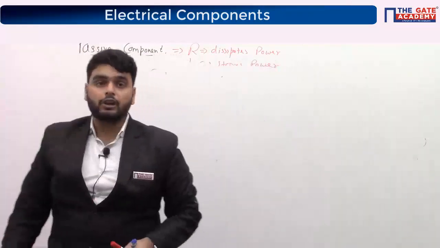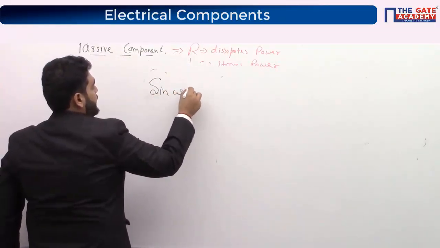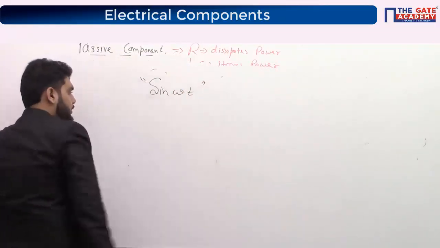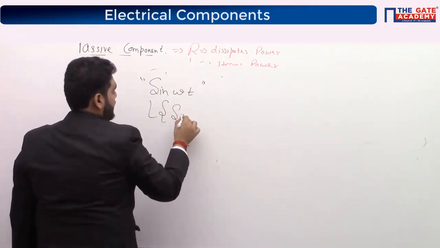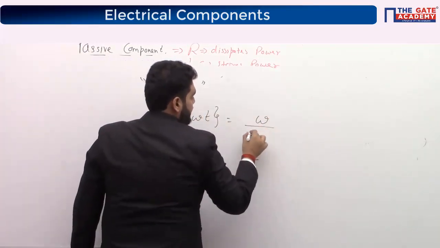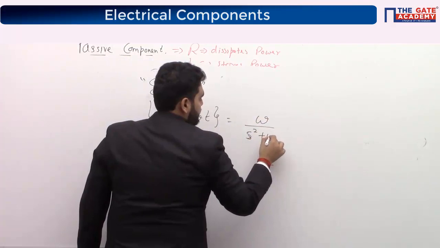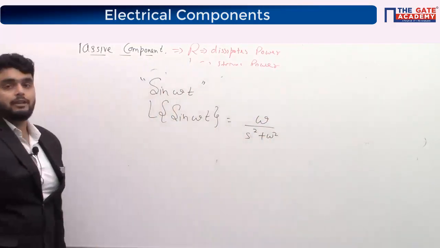If I talk about the AC signal, for example, AC signal is sine omega t. This is my AC signal. Okay, what is the Laplace of this AC signal? Laplace of sine omega t is omega over s square plus omega square. This is the Laplace of sine omega t.